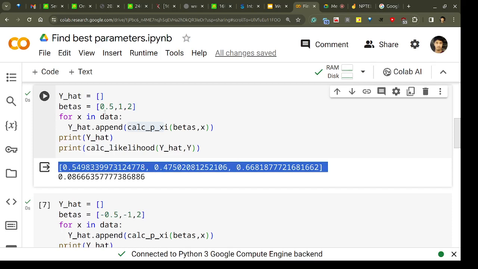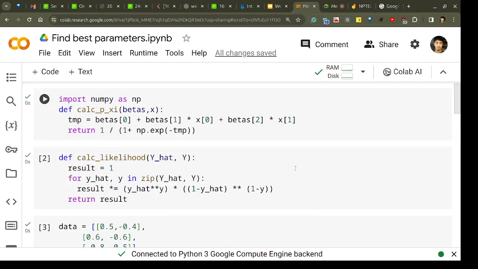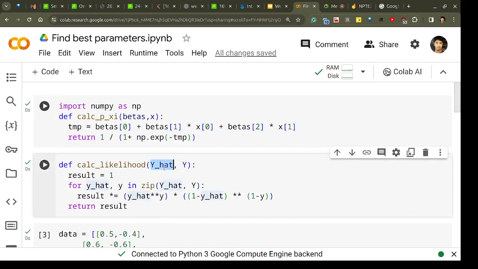And what is the actual value? Actual value means the label, 1, 1, 0. So how to calculate the likelihood? We can calculate the likelihood function here. y hat means p and y means the label. We go through all the rows.